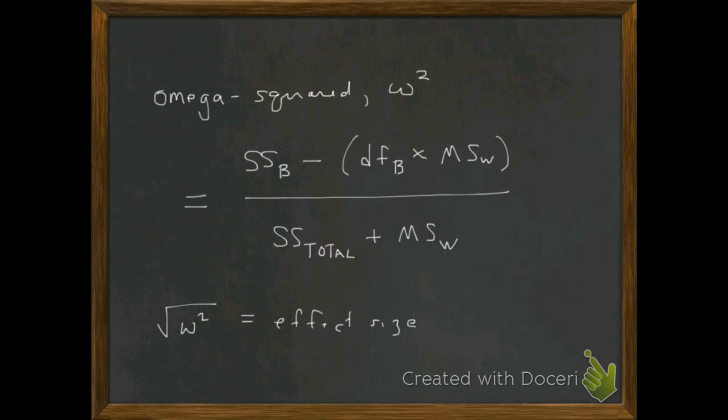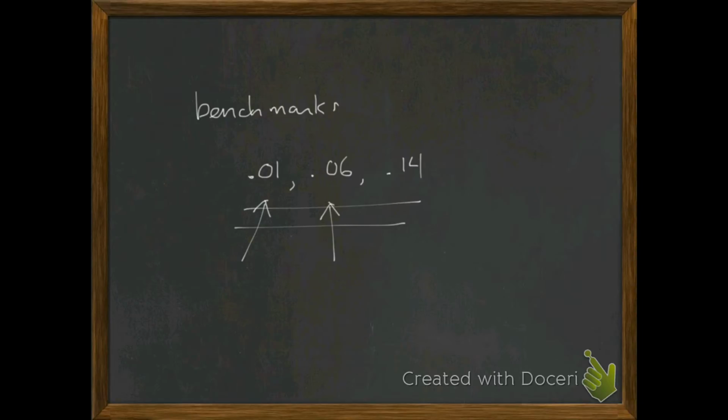And the benchmarks for this tend to go 0.01, 0.06, and 0.14. Again, you're always going to have three numbers on your effect sizes: small, moderate, and large.